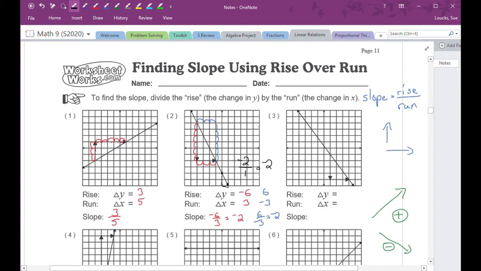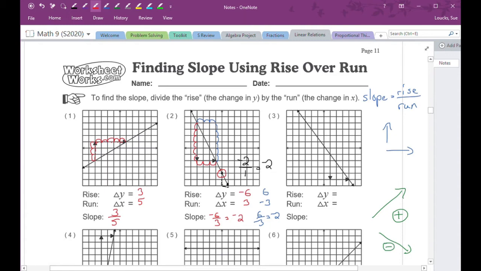I do want to point out that the places I picked are what's called lattice points. I picked a place where the up and down grid line and the horizontal grid line intersect exactly with our graph, because that way I know that it's exactly that point.